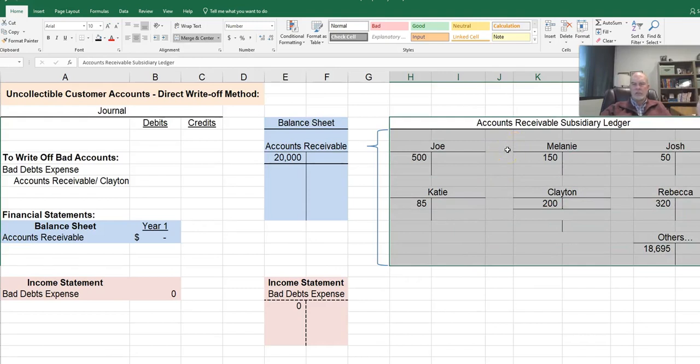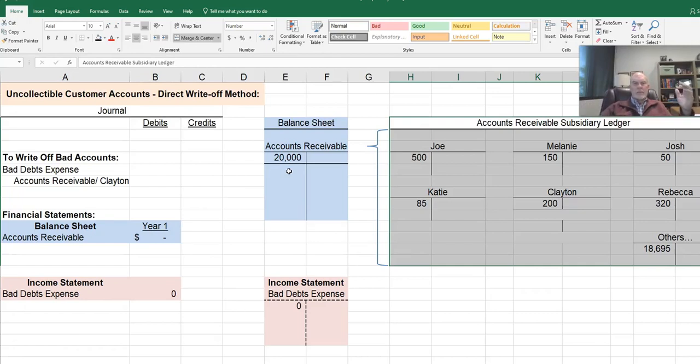So the subledger keeps up with individual customer balances, and if you added all those together, it would equal the balance in the accounts receivable account. So the ledger account, accounts receivable, is considered the control account because it keeps up with the control total, and the subledger keeps up with the details.